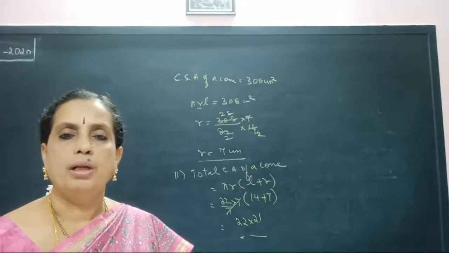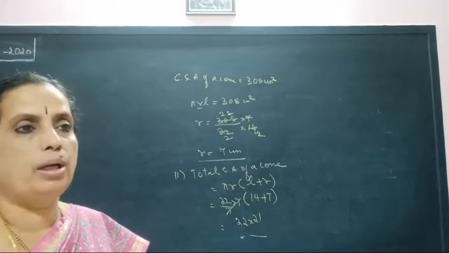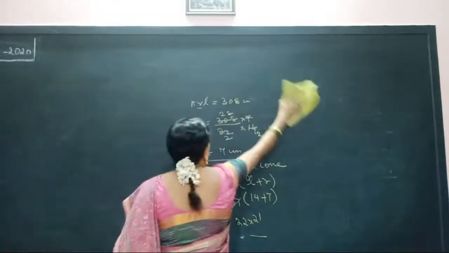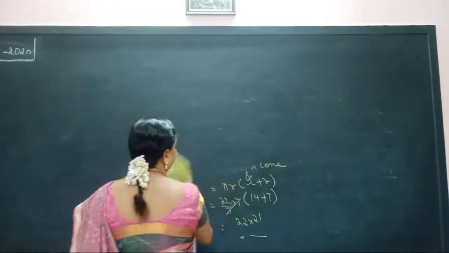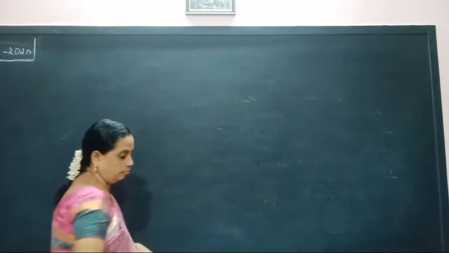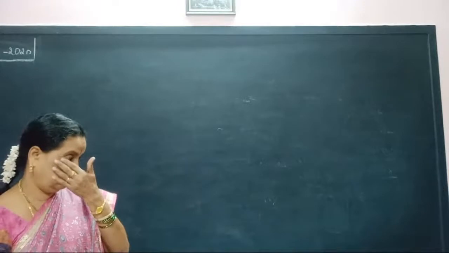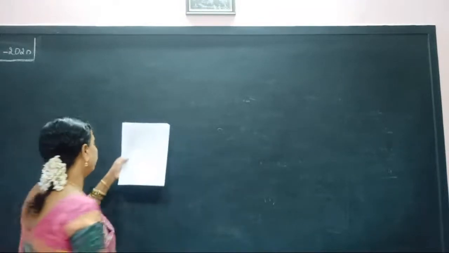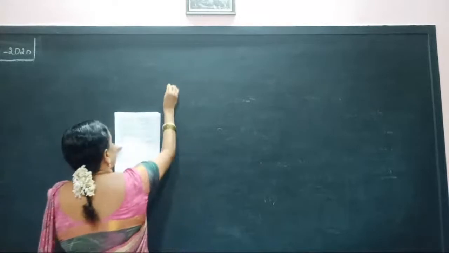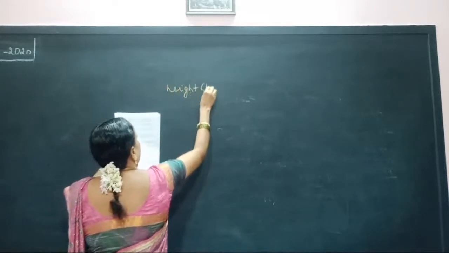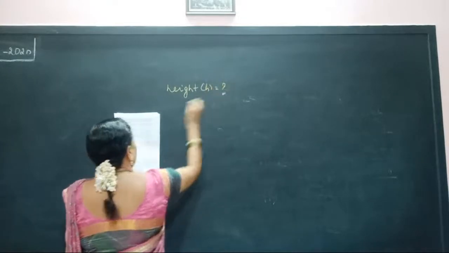So you have to go with the formula only, but instead of L we have to calculate H. I'll show you. Okay, what is given? Height we have to find out. Height equals question mark.